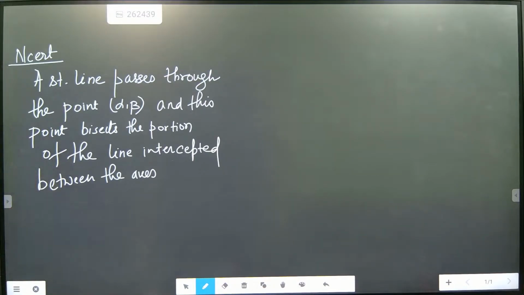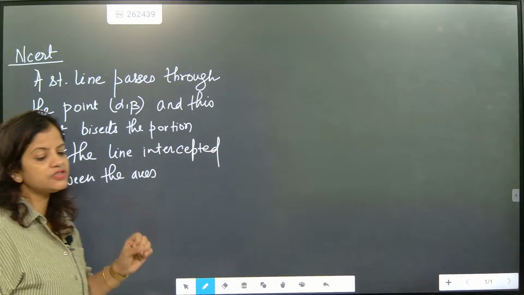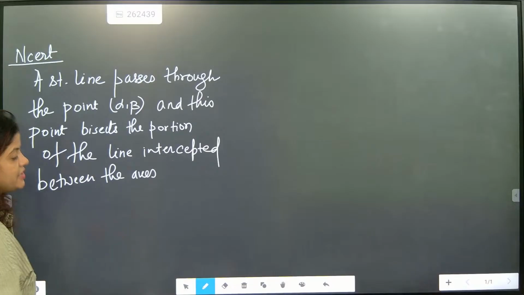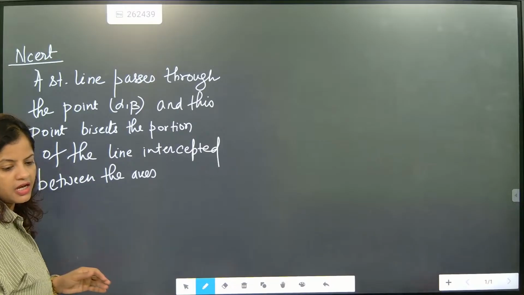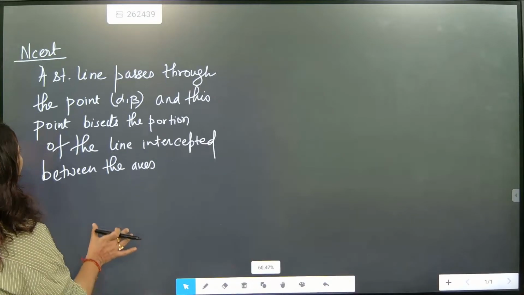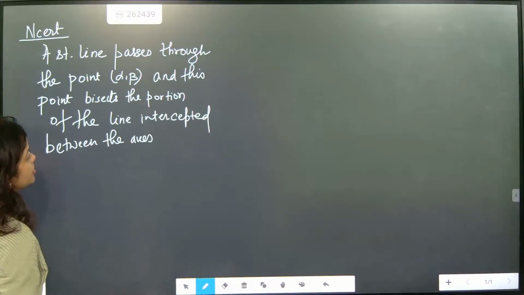So now write the equation. What is exactly given? A straight line passes through this point, and this point bisects the portion of the line segment. So first important thing, let's solve this question. What are you going to do and how are you going to solve it? Check this one out.